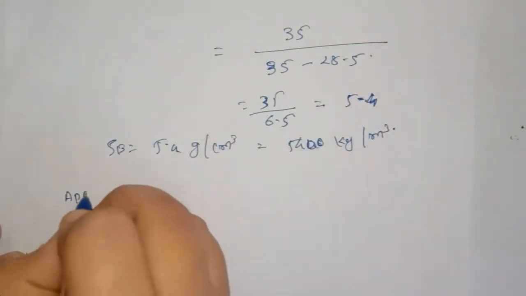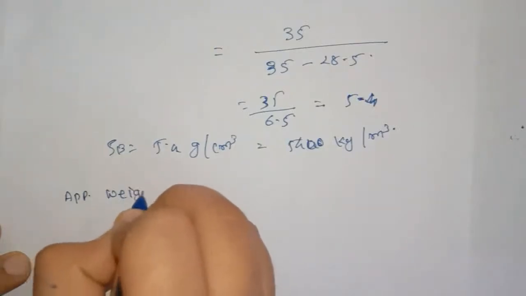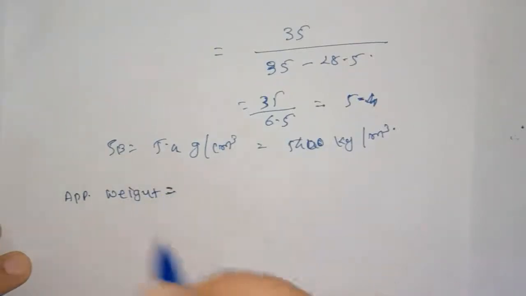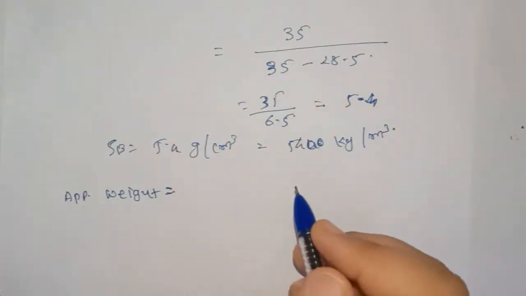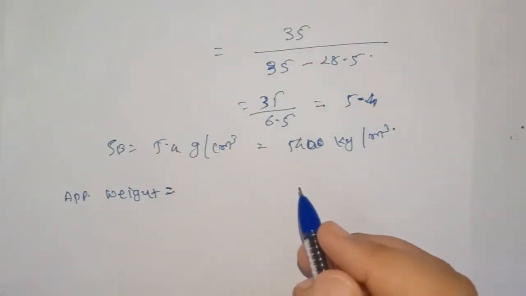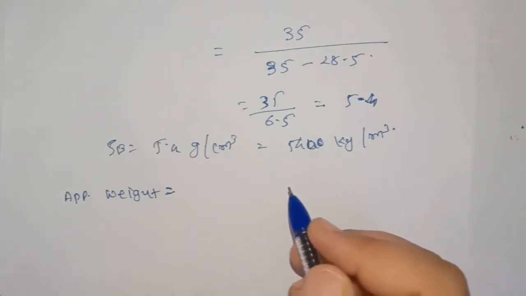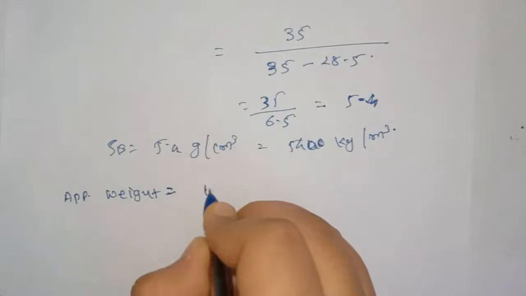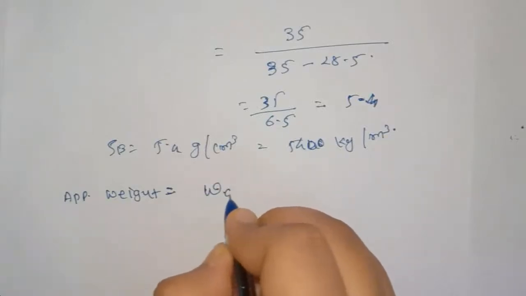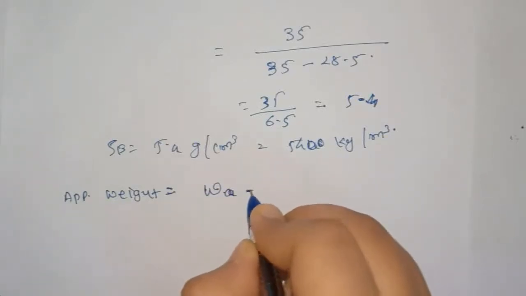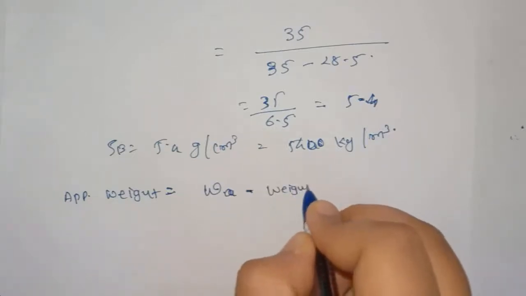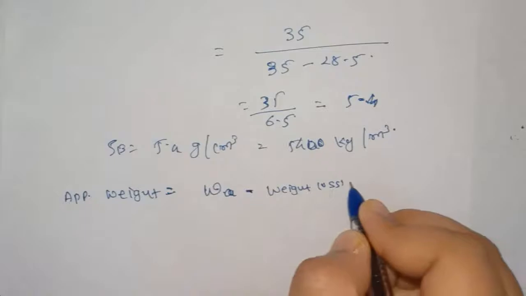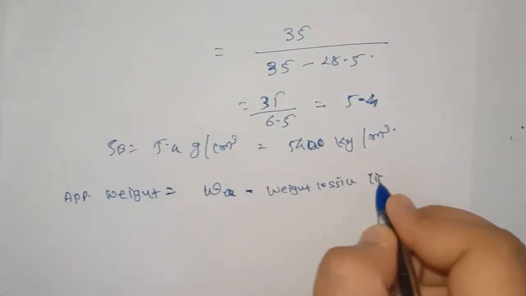The apparent weight will be equal to weight in air minus weight lost in liquid.